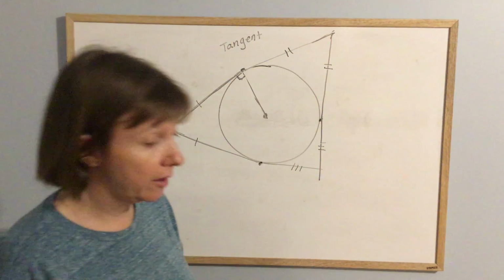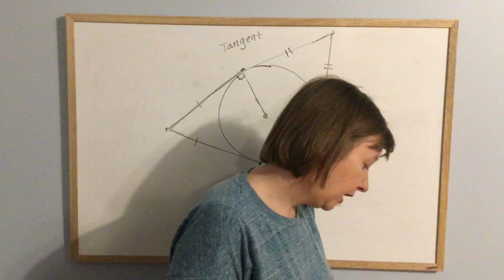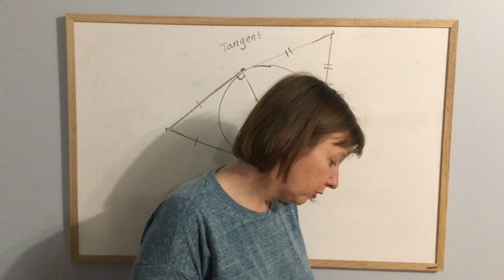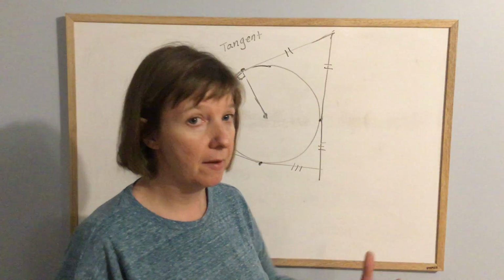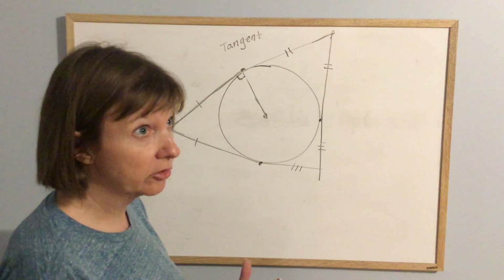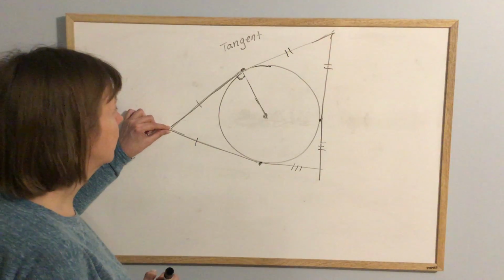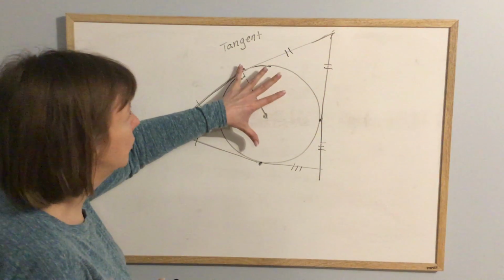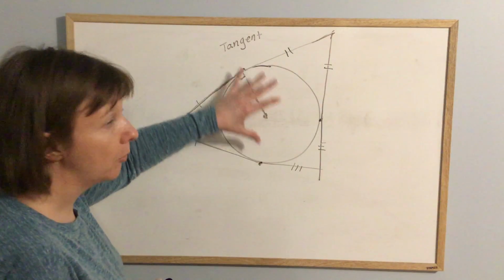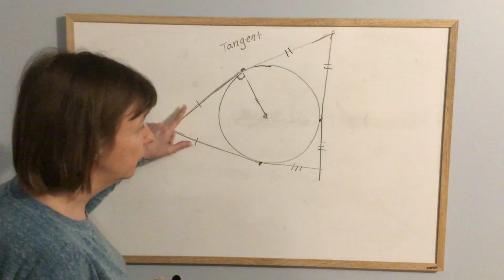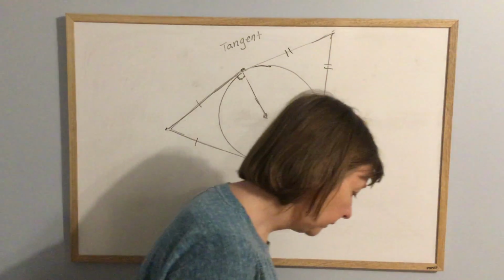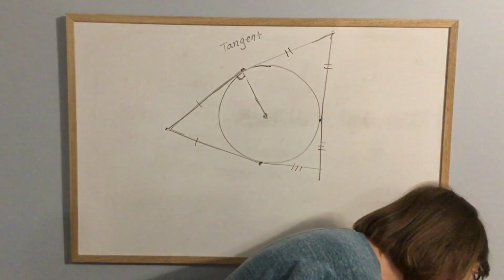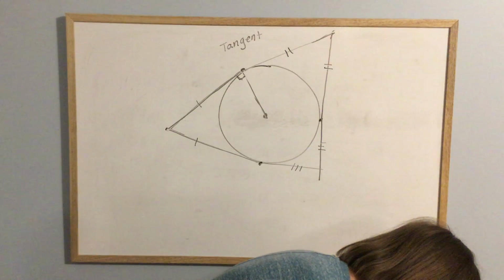The way they word it is they say the tangent segments to a circle from any external point are congruent, are the same. I'm putting it in English and saying from any external point where they meet to their points of tangency, to the points where they touch the circle, those 2 lines have to be the same length. That's in English, all right? Believe it or not, I know. Okay.